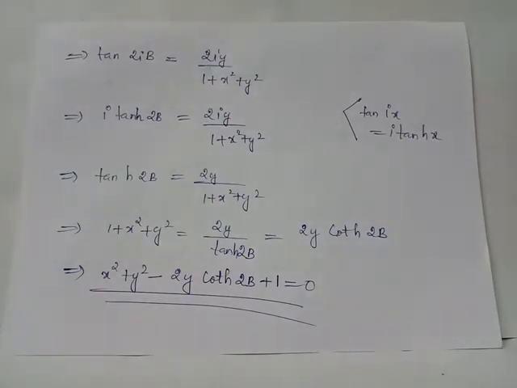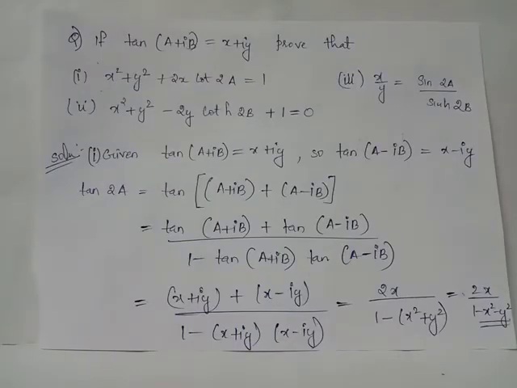Now the RHS becomes 2y coth 2b, because tanh 2b equals 1 by coth 2b. Therefore we have 1 + x² + y² = 2y coth 2b. When we bring 2y coth 2b also to the LHS, we have the desired result, x² + y² − 2y coth 2b + 1 = 0.